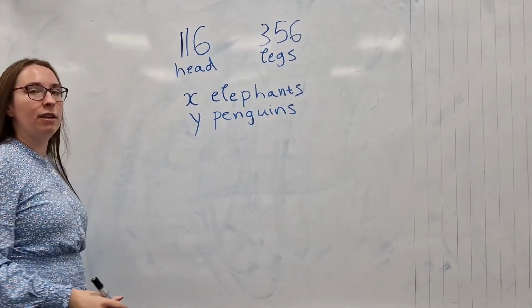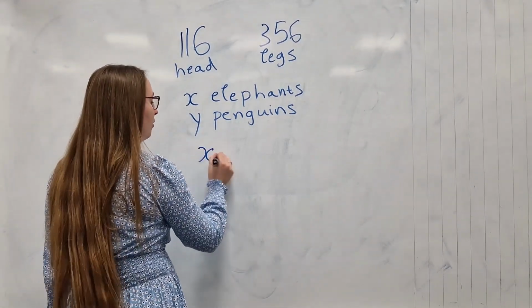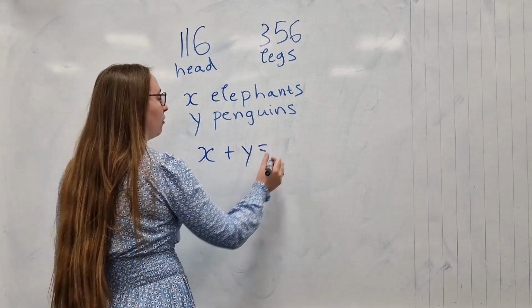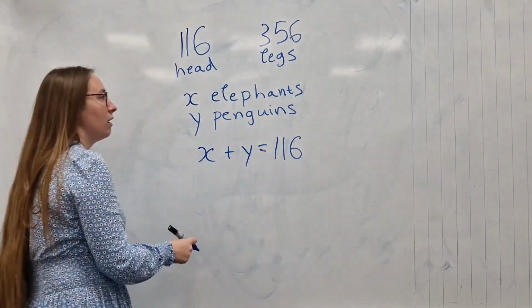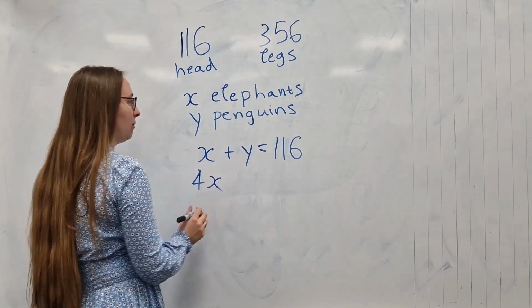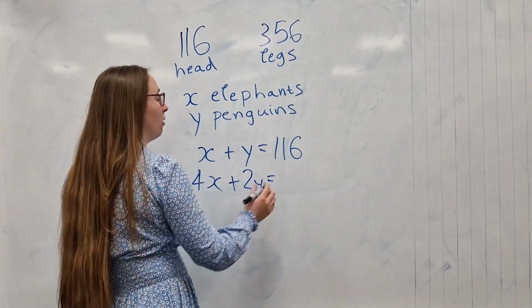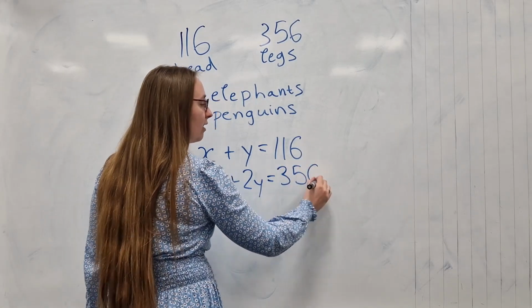Okay, so obviously we know that an elephant and a penguin both have one head. So that must mean that X plus Y is equal to 116. And then we know that elephants have 4 legs, so we've got 4 times X, and penguins have 2 legs, so that's plus 2Y equals 356.